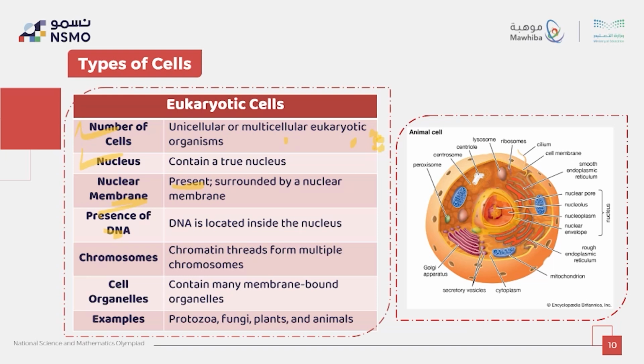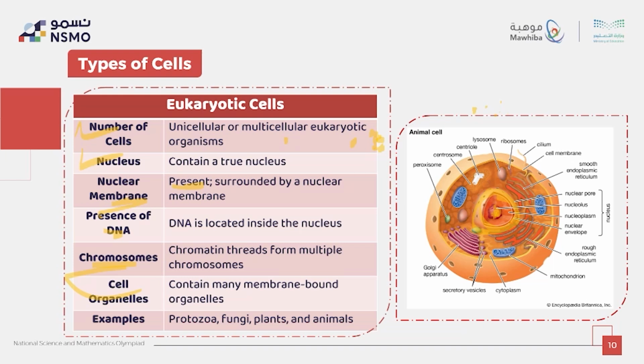The chromosome: their DNA is organized into multiple chromosomes, not just one. They are multiple chromosomes made of chromatin threads in the nucleus, inside here. The sixth one is cell organelles. Eukaryotic cells contain many membrane-bound organelles, like what, guys?